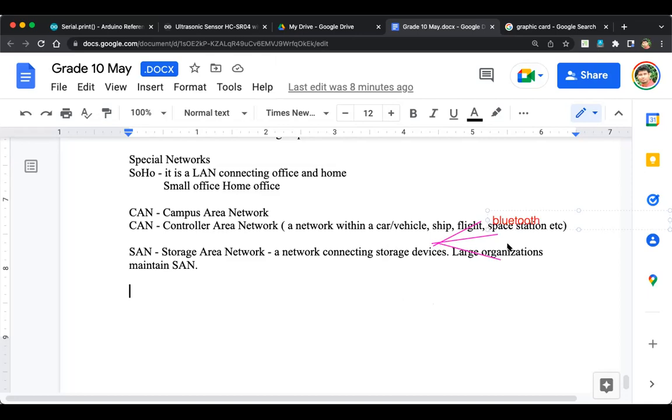Bluetooth, Wi-Fi, Zigbee are short distance, and there are long distance radio waves too, used by different transmitters.